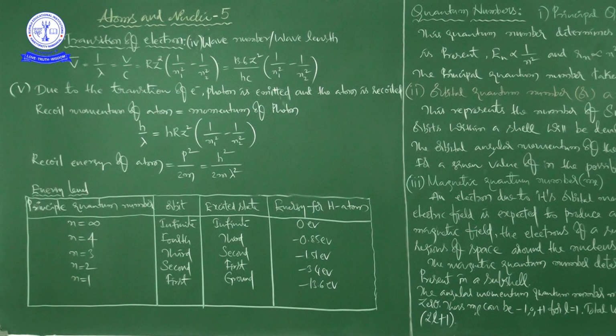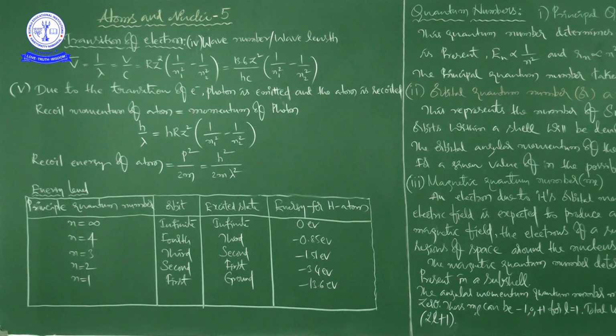If you see the first one, that is energy of emitted radiation. Energy of emitted radiation, delta E is equal to E2 minus E1, is equal to minus RCH Z square by N2 square minus of minus RCH Z square by N1 square.